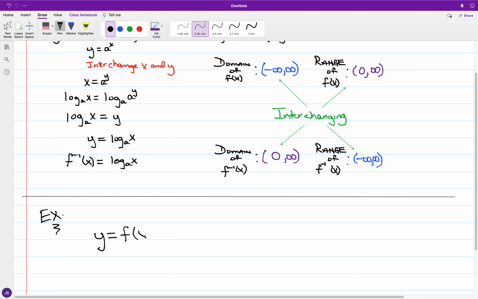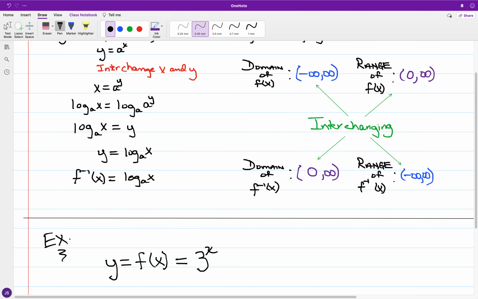It's going to get a little bit analytical, but not so much for what's going to be on the test, just for what is going to appear in ALEKS. Let's say your exponential base is 3. So we have y is equal to f of x is equal to 3 to the x.